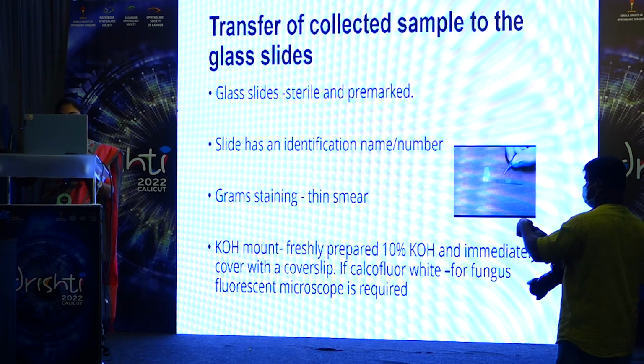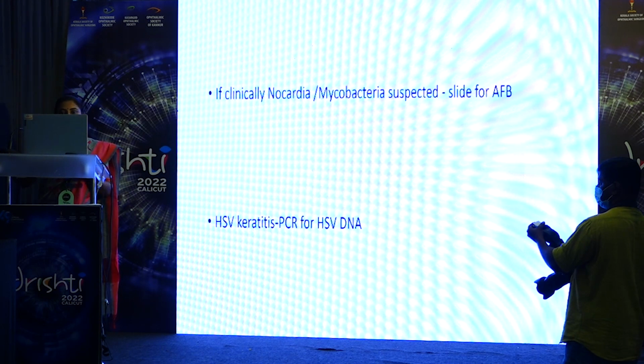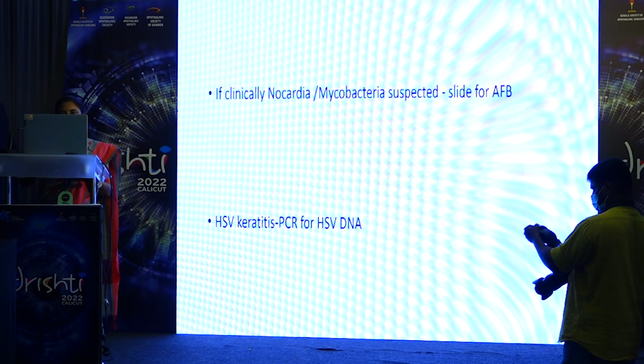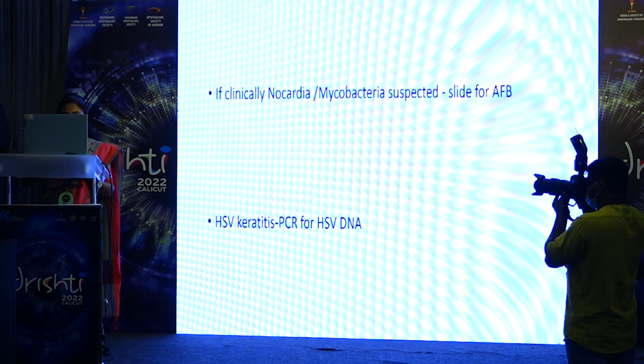If you have a fluorescent microscope, you can even use calcofluor white for staining. And if you suspect any mycobacteria or Nocardia, you can take 1 more extra slide for AFB. And if HSV keratitis is suspected, we can also do a PCR.